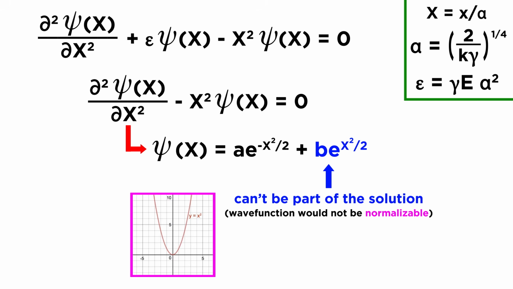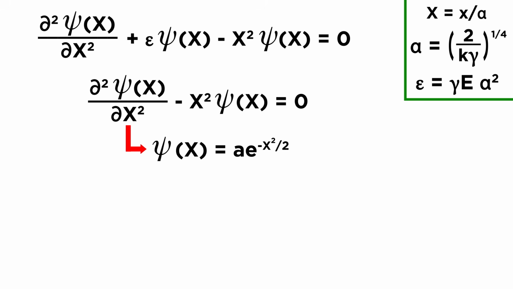This is because exponentials with positive exponents grow indefinitely, which would make it impossible for the wave function to integrate to 1, which is the normalization condition. So if we eliminate the second term, we are left with this. But once again, this solution only works when big X is much larger than epsilon.